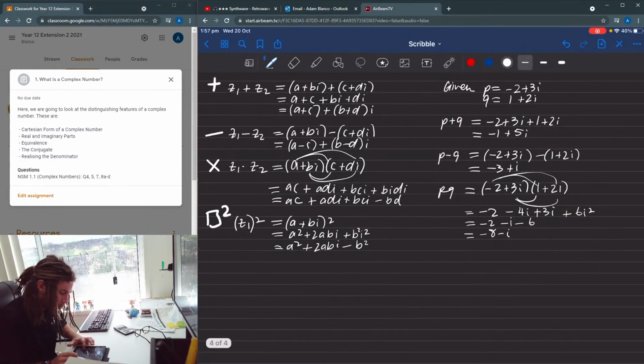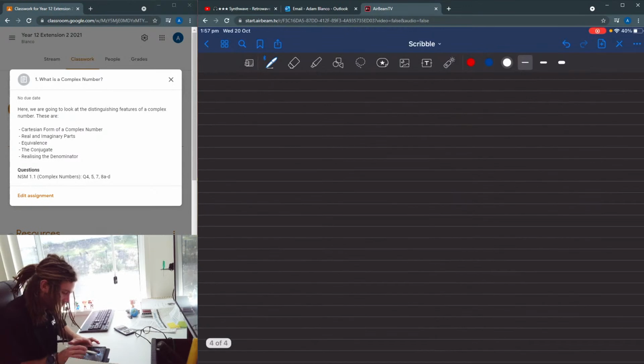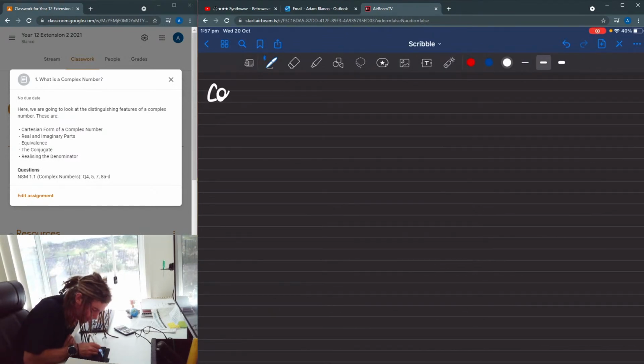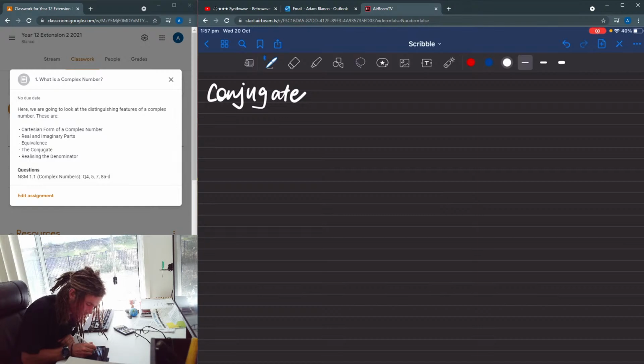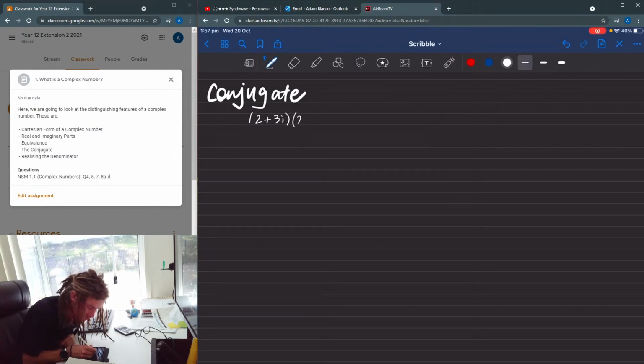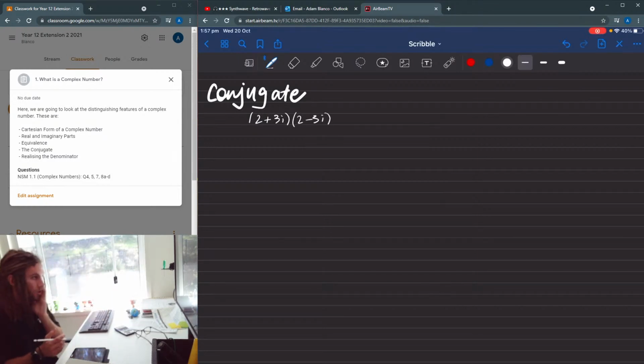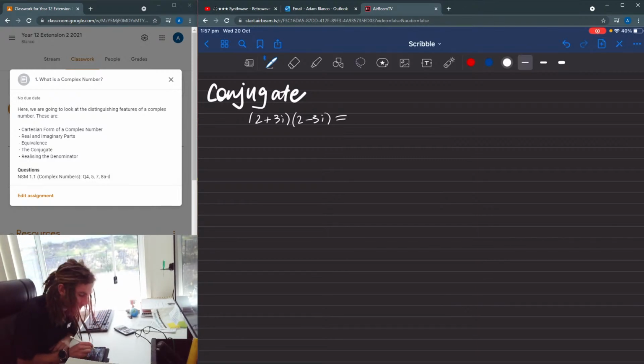Okay, so one thing I want to further look at is something called the conjugate. So I believe this was touched on in our little intro lesson before, but it does have a little bit of significance. So when we're multiplying and you see a conjugate times by itself, so the example we had on the other page was 2 plus or minus 3i, so 2 plus 3i, 2 minus 3i. What you're going to find is something kind of interesting, and it's this. Let me just expand it.